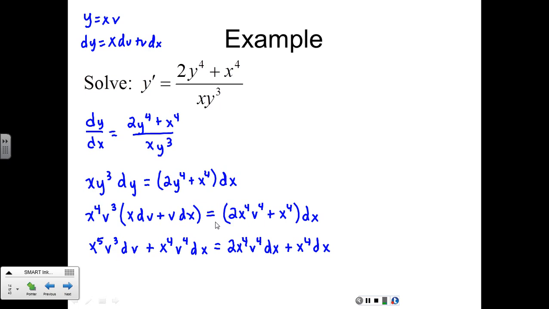Before I start trying to separate anything out, do you see anything algebraic that can happen here? Could we just subtract it and get rid of that 2 altogether? Take this one away, it'll just make that one of those then. So let's do that. X to the fifth v cubed dv. I'm going to subtract this term here from both sides. So equals, that's going to leave me with one of them on the right side.